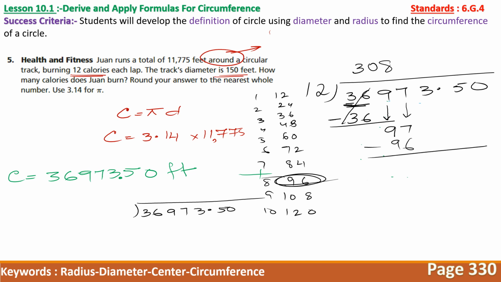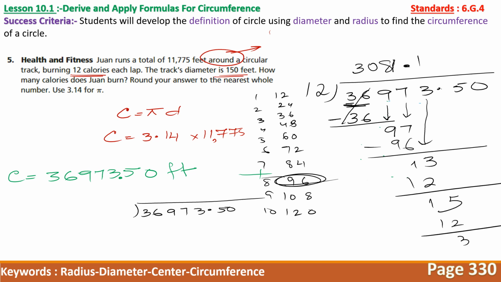97 minus 96 gives us 1. Bring the 3 down. 12 times 1 is 12. 13 minus 12 is 1. Now this point goes on the top and bring the 5 down. 12 times 1 is 12 and 5 minus 2 is 3.